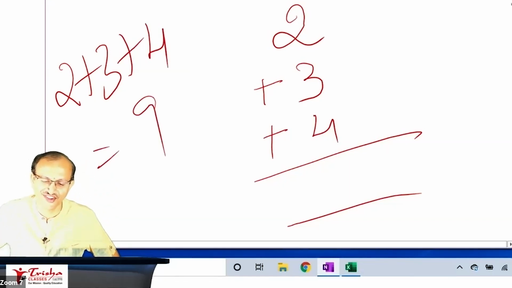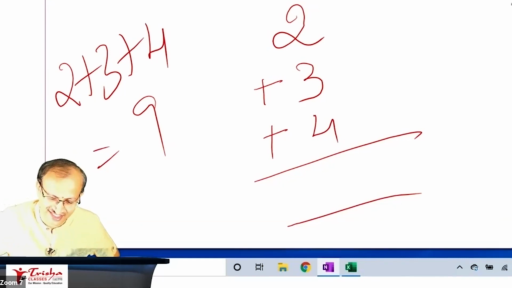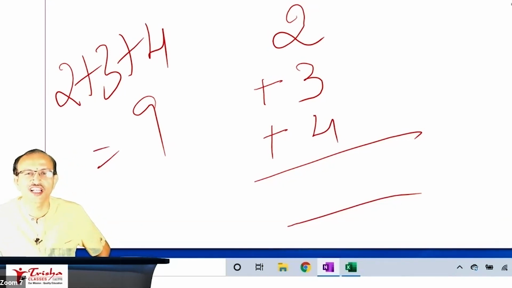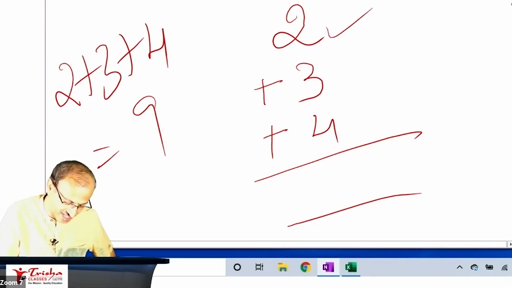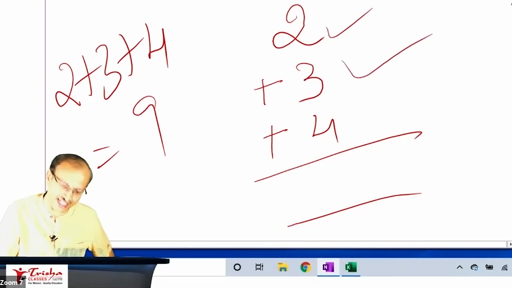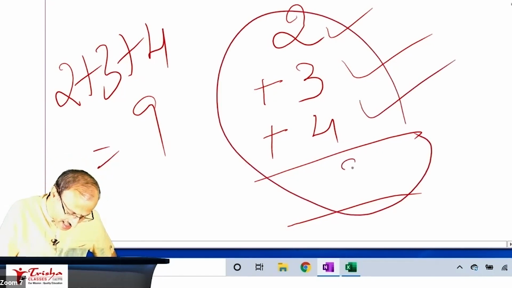No, no. Surprise? You should not say 9 now after this chapter. You should say 2 plus 3 plus 4 when? Not today. 2 rupees you receive, 3 rupees you receive 1 year later, 4 rupees you receive another year later, then I cannot say 9.